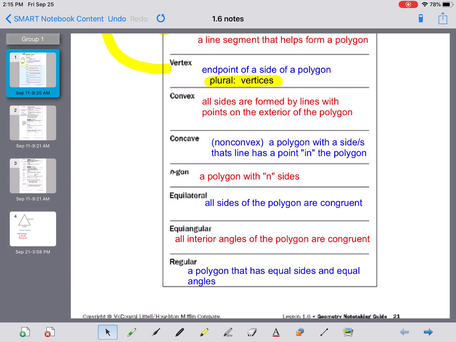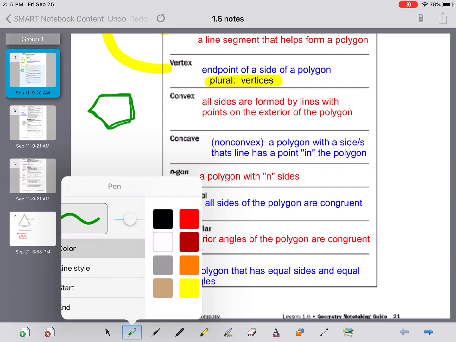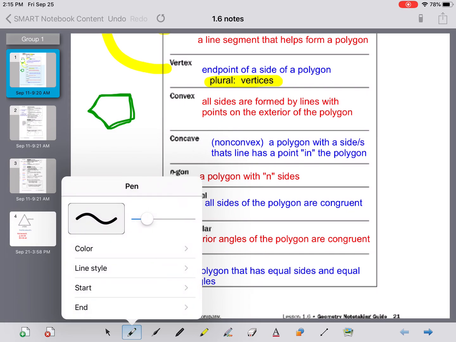Convex means all sides are formed by lines where the points are on the exterior of the polygon. That definition does not sound very clear, but let me give you a quick picture and maybe this will make a little more sense. So I have a polygon, okay? I'm going to make it 5-sided right here. And what this means is that all the sides are formed by lines on the exterior of the polygon.